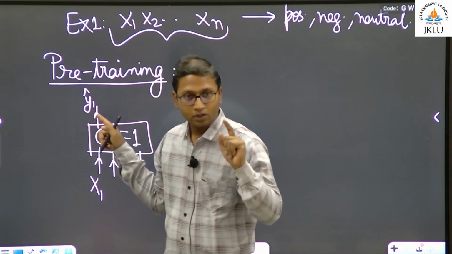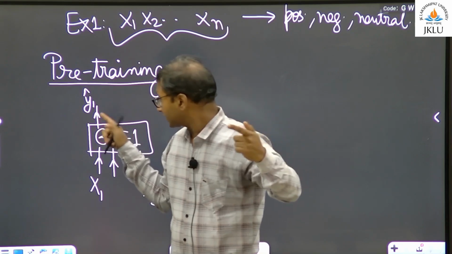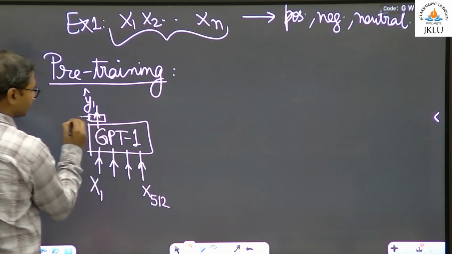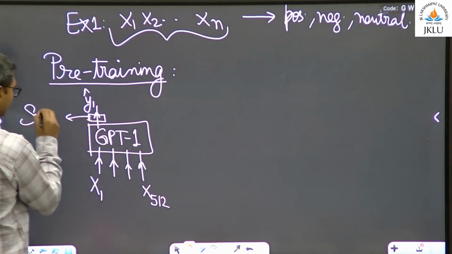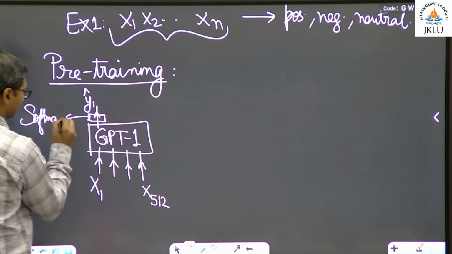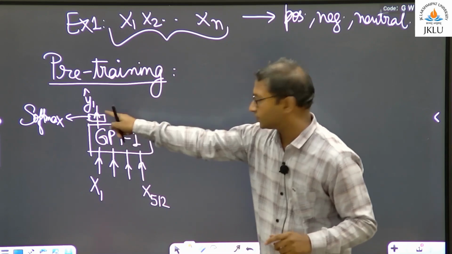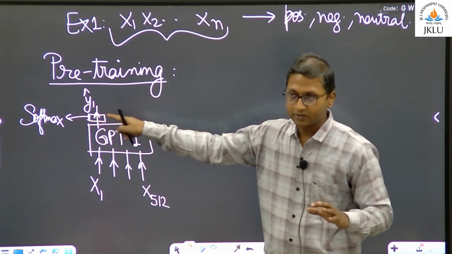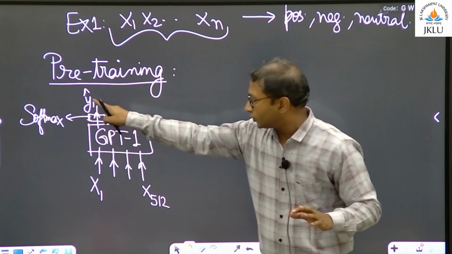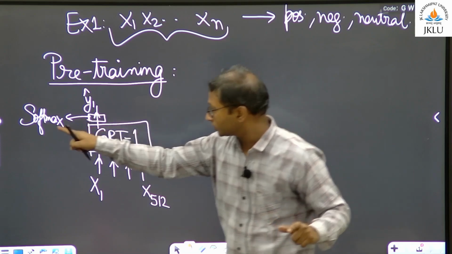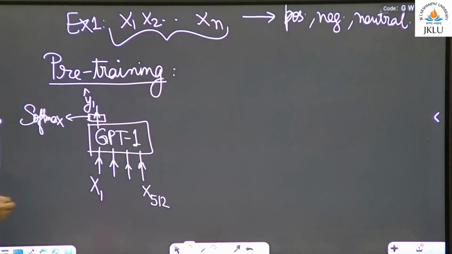So what are you doing in the end? Even though I have drawn it outside GPT-1, it is actually inside. So what are you doing? Softmax, and this will be softmax over how many?